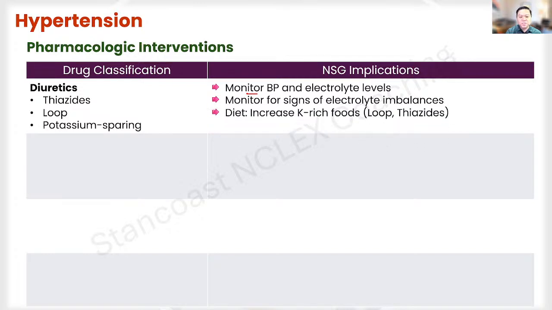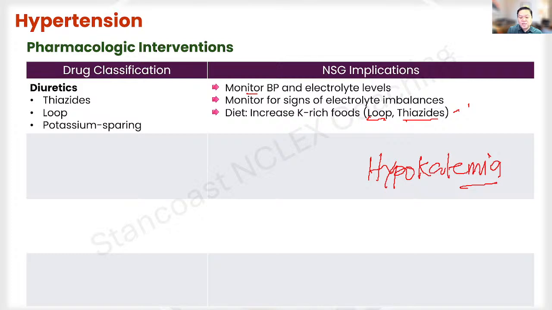Now, also take note, guys, that if the patient will be taking loop diuretics, let's say Lasix, or thiazides, this can lead to hypokalemia, a drop in the potassium level.